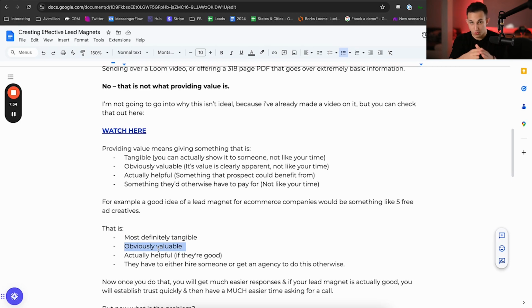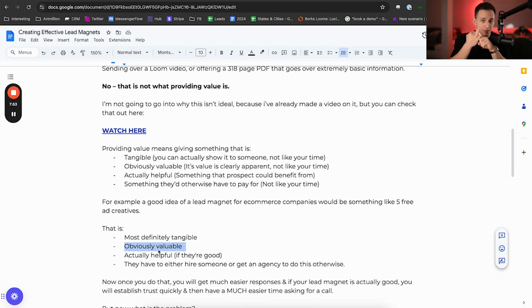If you're an e-commerce marketing company, or an e-commerce company in general, you know that ad creatives cost money. It either costs you time to make, you have to have somebody in-house who is being paid hourly to make these, or you have to be working with an agency that's going to make you those ad creatives, meaning it's obviously valuable.